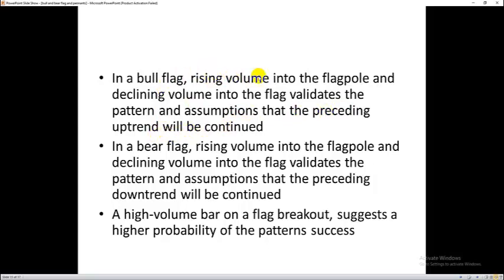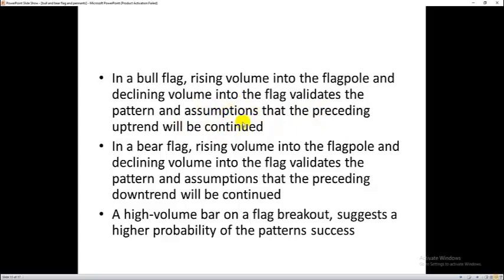If the volume rises into the flagpole and declines inside the flag, it validates that this pattern is correct, and that you expect the next move will continue that particular uptrend.